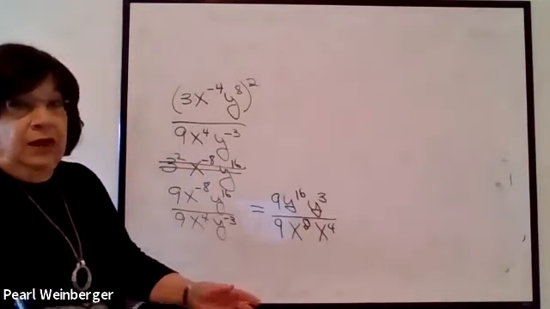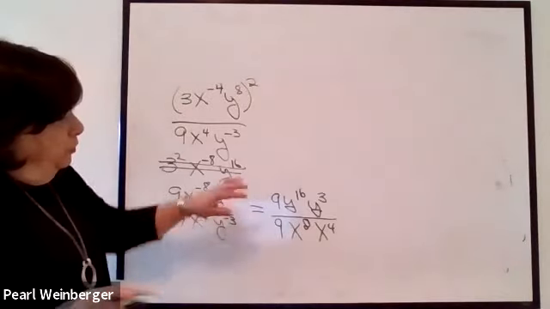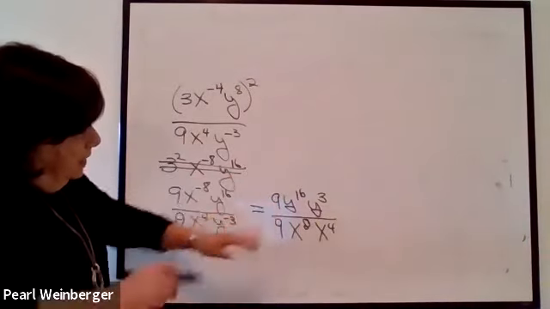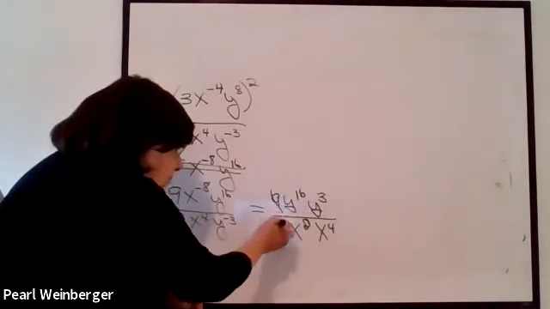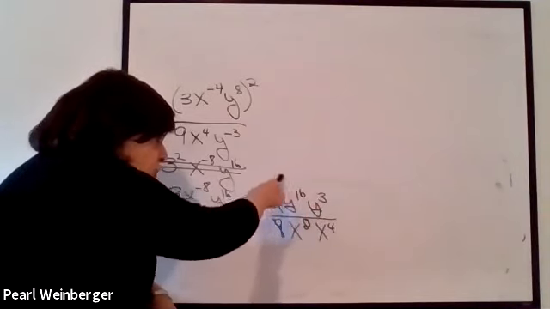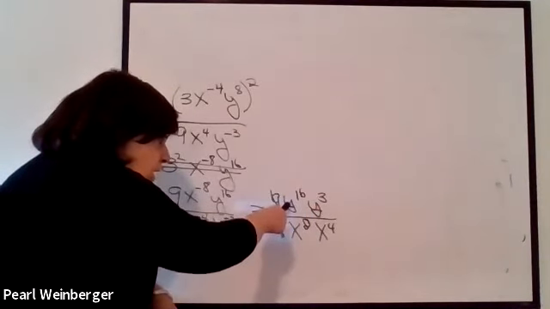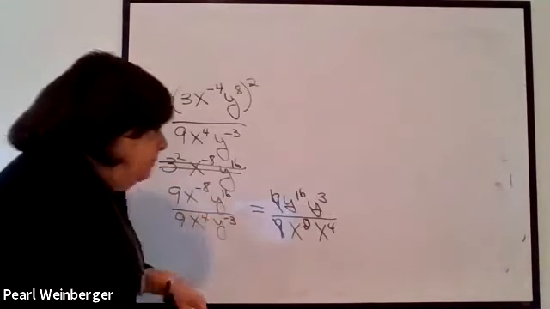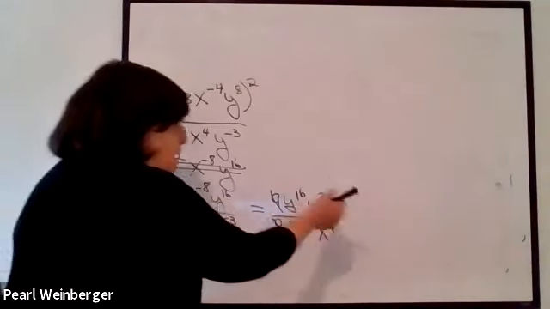And now we can do the final steps. First of all, dealing with the coefficients, there's a 9 on top and a 9 on the bottom. They can cancel out. Then we have in the numerator a y to the 16 and a y cubed. They're both the same letter, so we add their exponents.